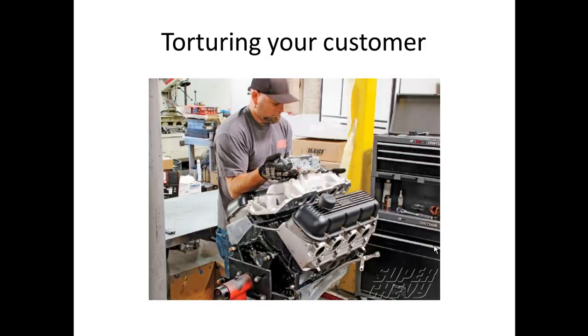Another design flaw example happened when I had a Cadillac. This is actually a picture of a big block Chevy, which has a cast iron block coupled with an aluminum head and an aluminum intake. This is not so bad, but the Cadillac that I had had an aluminum block with cast iron heads and an aluminum intake.